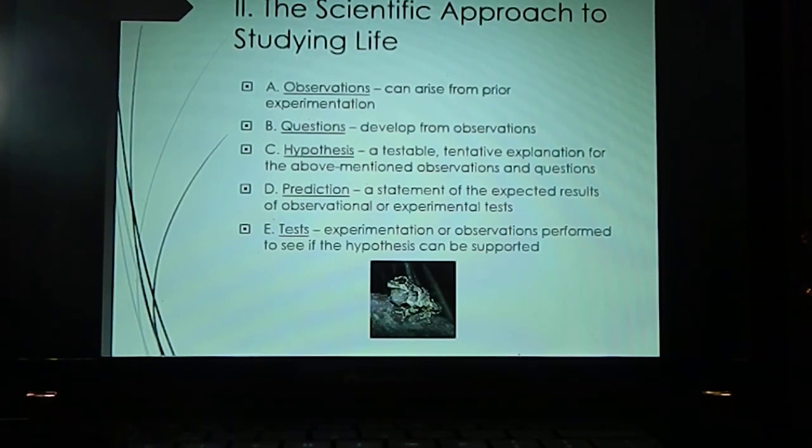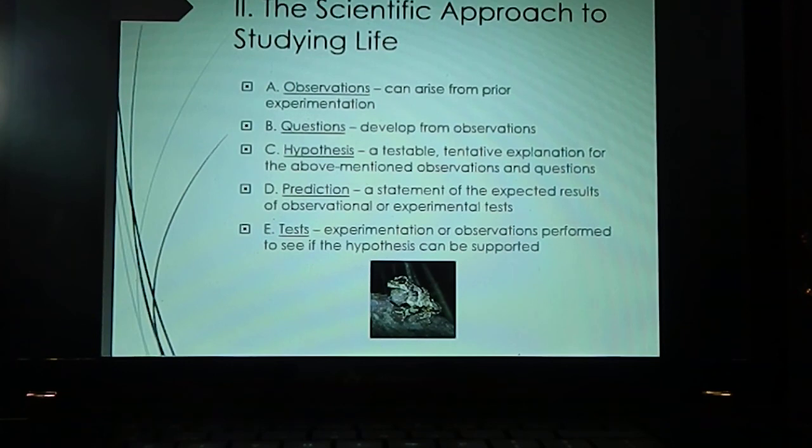And once you develop these questions, you want to figure out how you can test those questions and what the results are going to be. And so what you use then is a hypothesis. A hypothesis is a testable, tentative explanation for your above observations and questions.